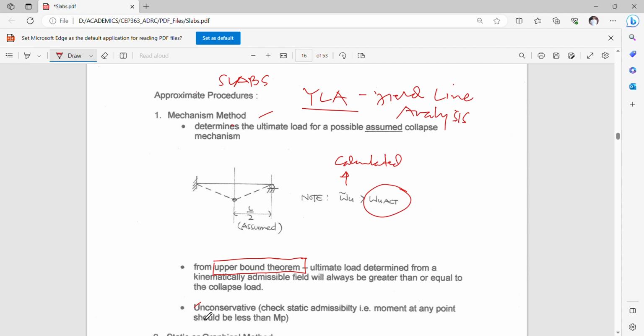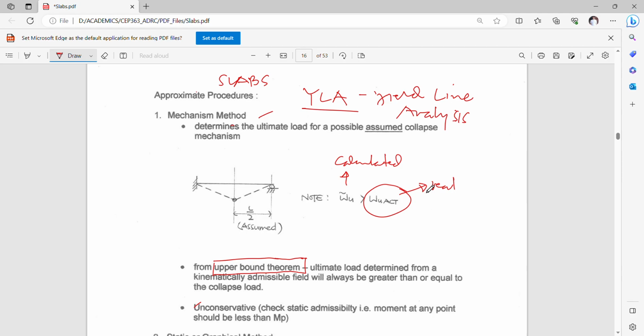And this is a very unconservative solution because the computed load, the calculated load using the analysis, always falls at the upper bound of the expected load that the structure can carry. In short, this is now the real load that the structure will ultimately be able to carry.